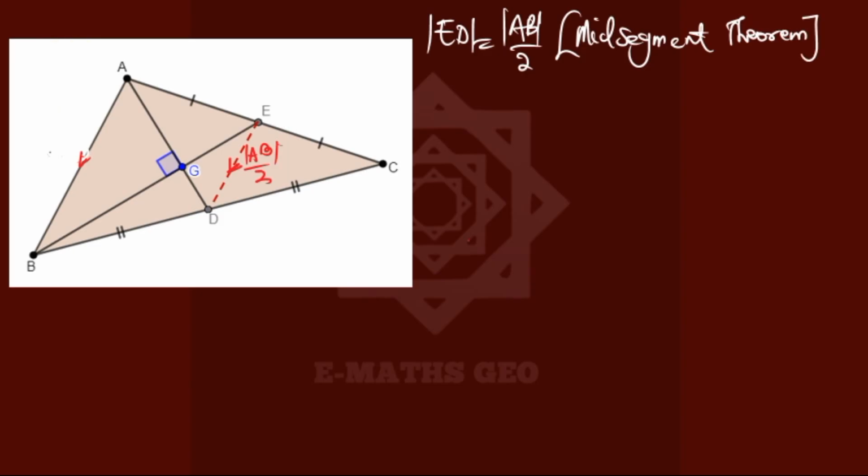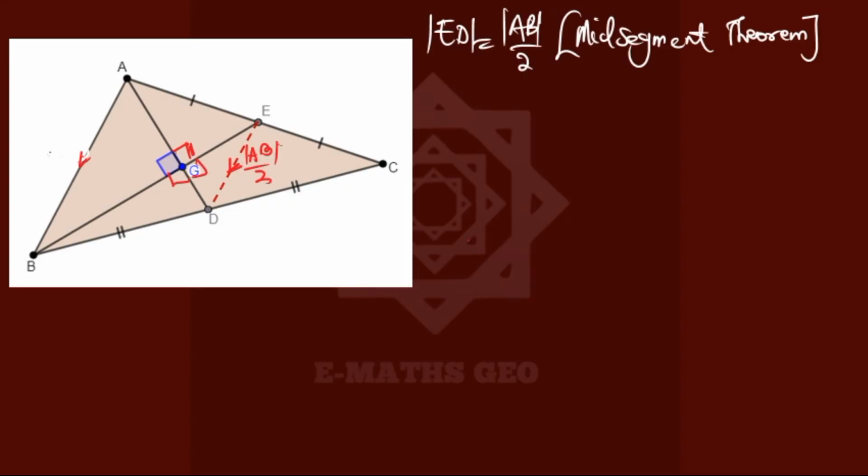So we now have three right angle triangles. Yes, three right angle triangles. Since this is 90, this is 90, this is also 90, this is also 90.